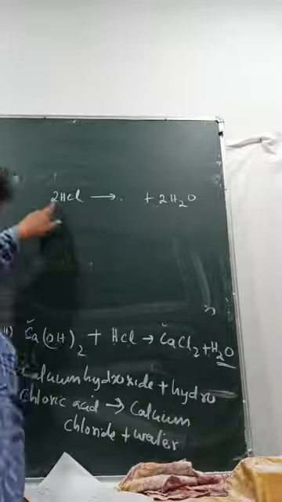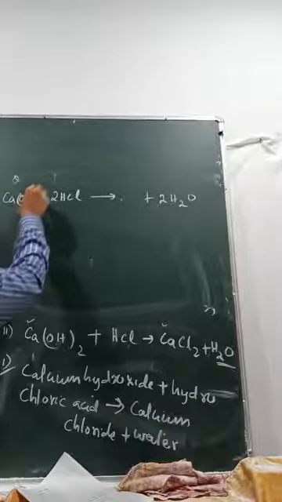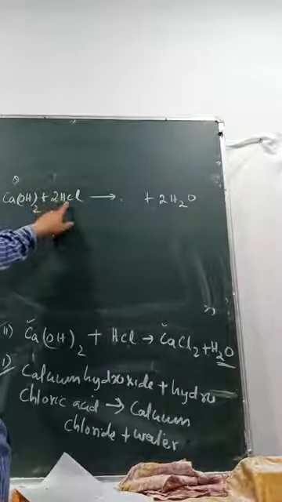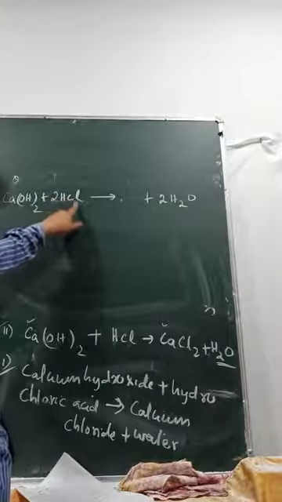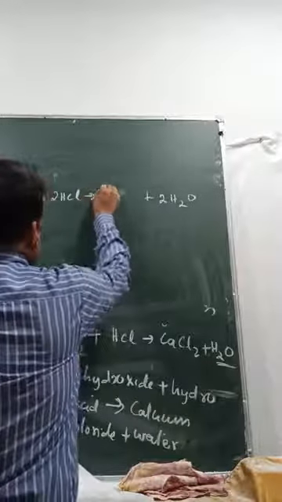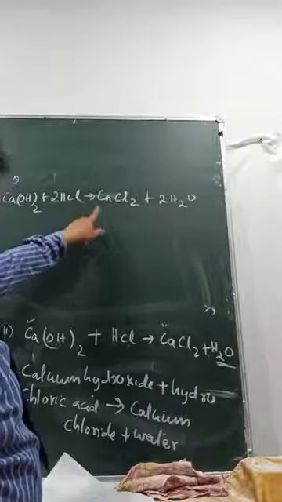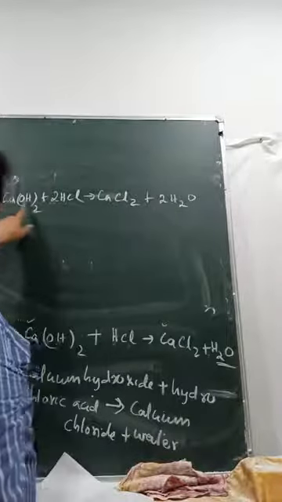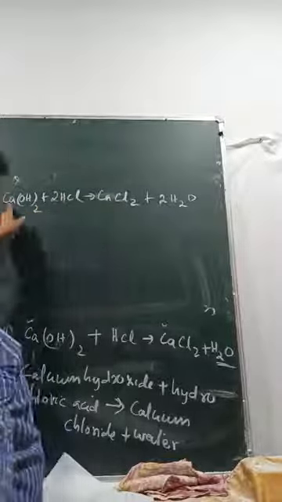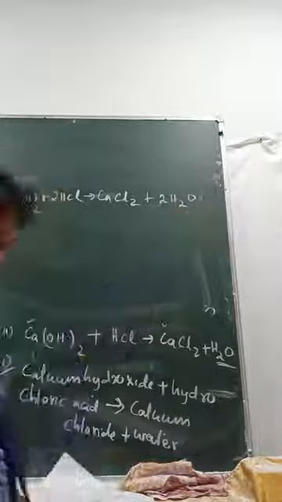So Ca(OH)2 plus 2HCl: 4 hydrogen, 4 hydrogen, 2 chlorine, 2 chlorine. Look at CaCl2: chlorine is now balanced, and hydrogen is 4 on both sides. Calcium is balanced because it is the same. Oxygen is also 2 on both sides. So this is the balanced equation.